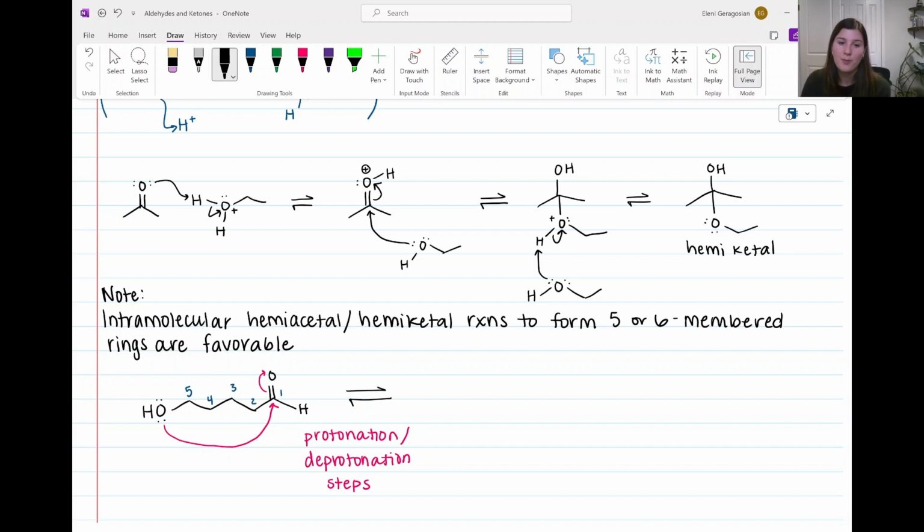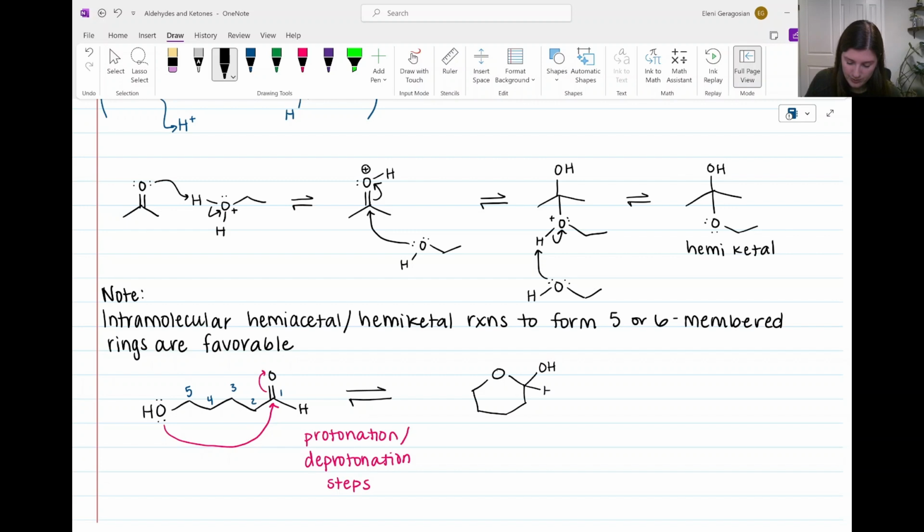And then if we form the product, so this is an intramolecular reaction, now the product is a 6-membered ring with the oxygen as one of the members of the ring. The oxygen is bonded to what was the carbonyl carbon.